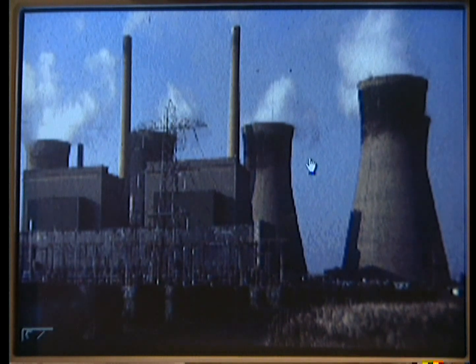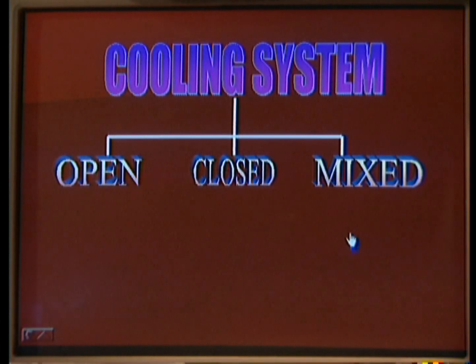For example, you can see this TPS where water is not readily available, so we use cooling towers. Coming to the other type, that is the mixed system, a combination of the two. It has the water, and at the same time the cooling towers. What is the necessity to cool if water is available?